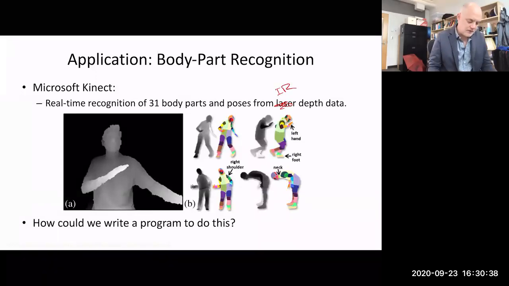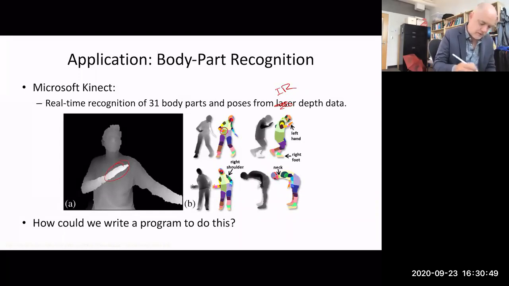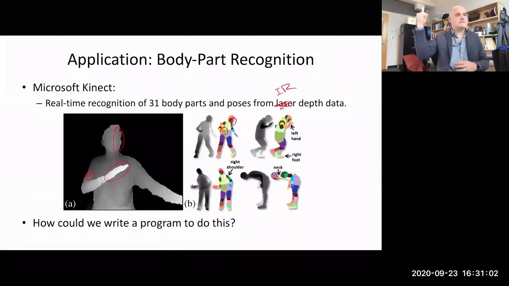What we want to do is a 31-way pixel classification to classify these pixels as being the right hand, these pixels as being the left face, and these pixels as being the right, whatever this is, right?